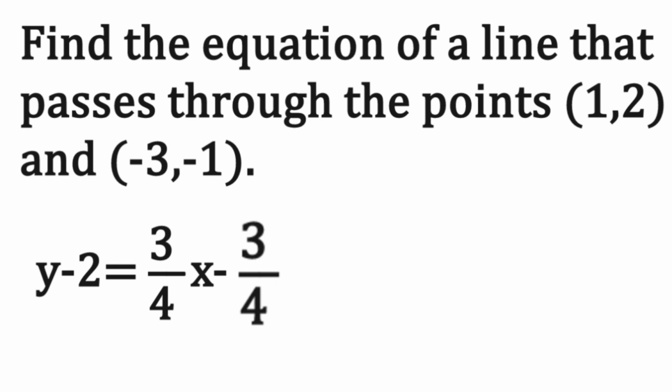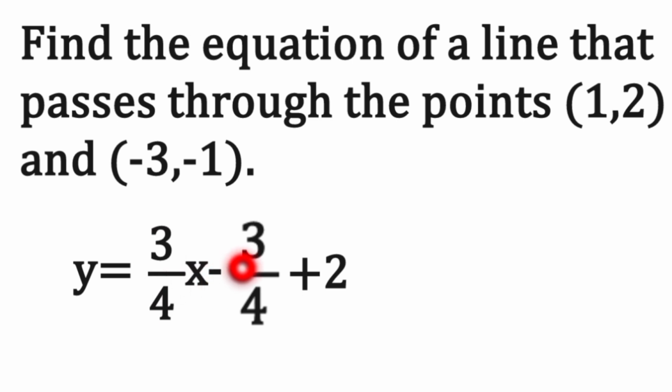And we can transpose this to the other side of the equation, to the right side. So we have y equals 3 over 4 x minus 3 over 4 plus 2. So that we can add this fraction with the 2, we make this 2 a fraction, which is 8 over 4.